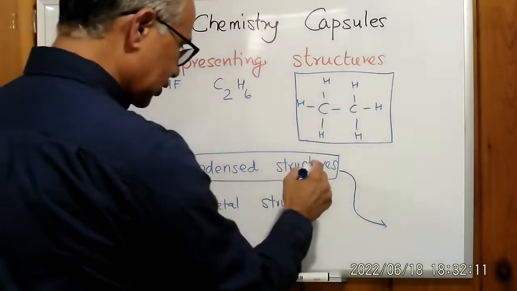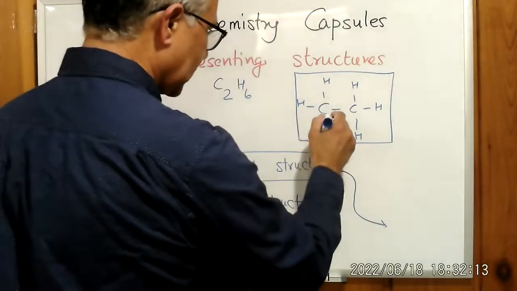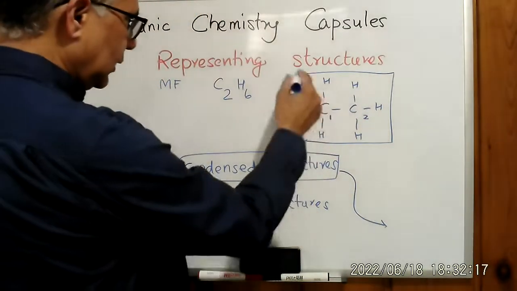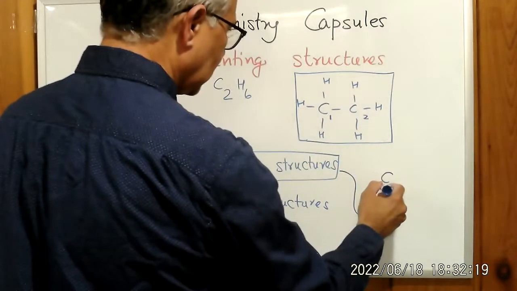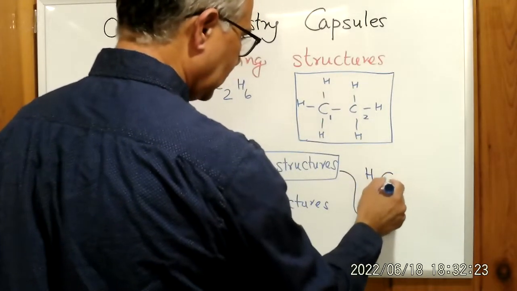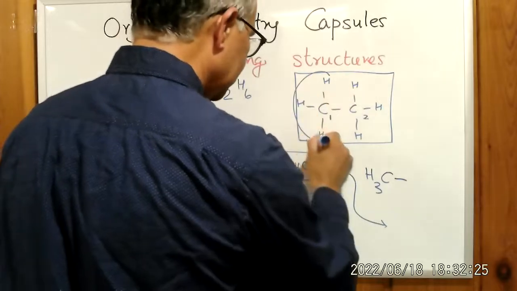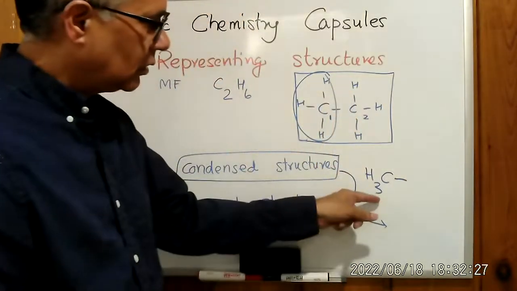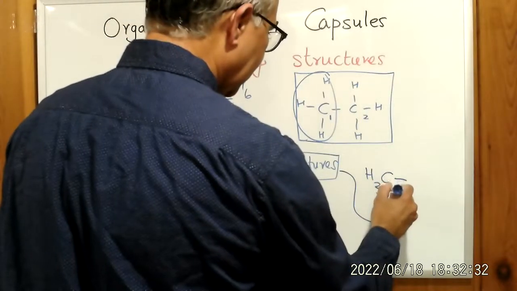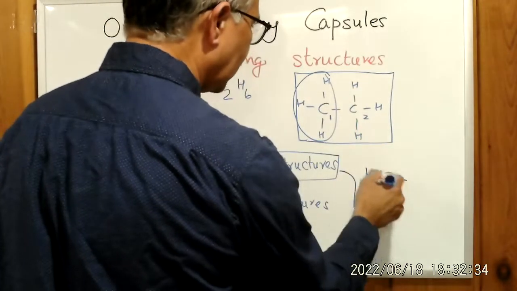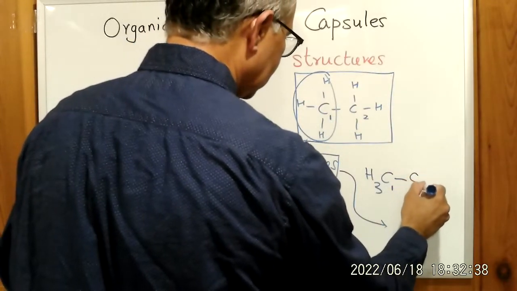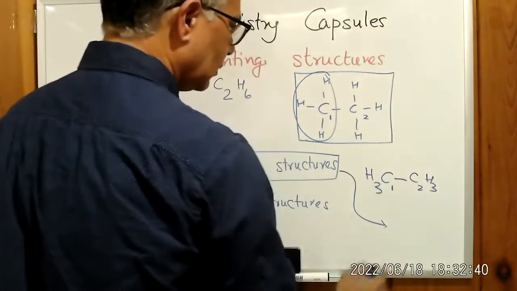So in the condensed structure, what we do is take this carbon, let's call this carbon 1 and carbon 2. Carbon 1 is connected to 3 hydrogens, so put the 3 hydrogens that way. So we condense that into a simpler CH3. Likewise, carbon 2 as well has 3 hydrogens.